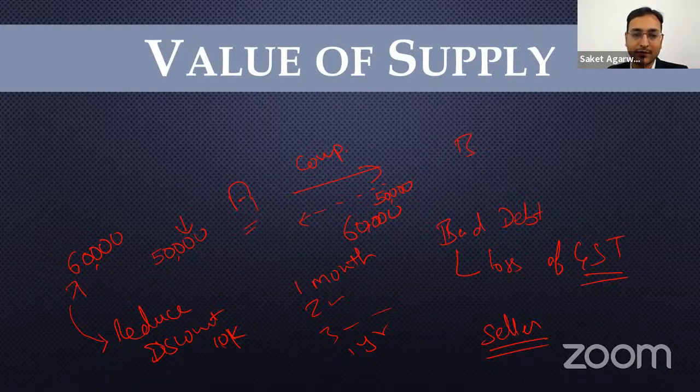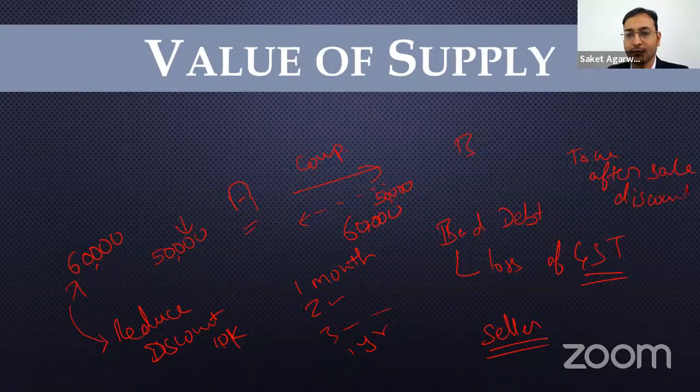So now the question comes, how does the government bifurcate a true after sale discount from a situation of bad debt?